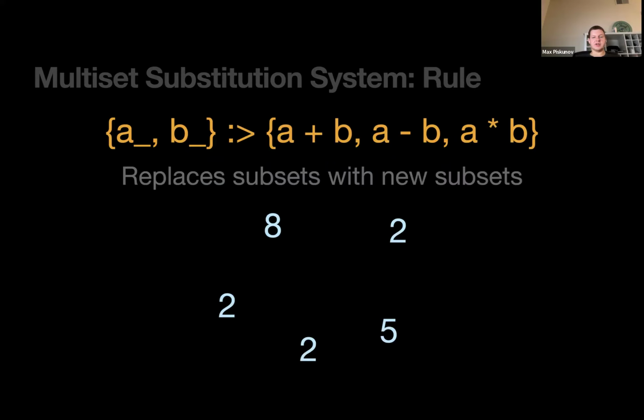Then the rule takes a subset, which can be a subset of any patterns, and replaces it with another subset. In this example, we take any 2 expressions A and B, and then we replace them with the sum A plus B, A minus B, and then A times B.